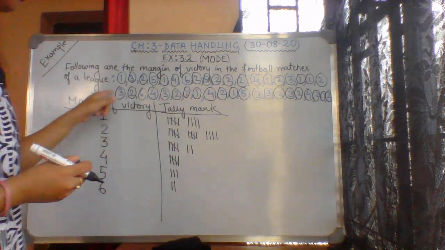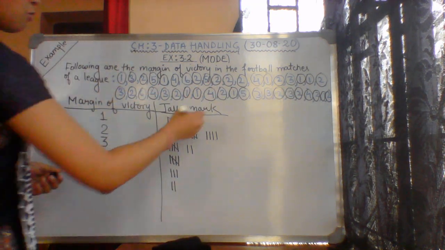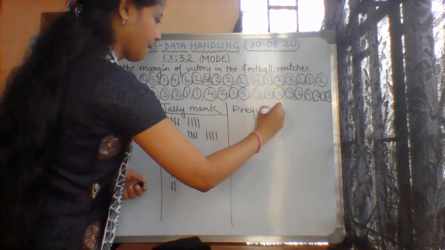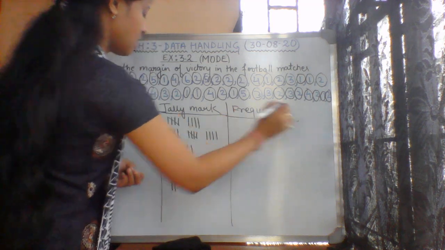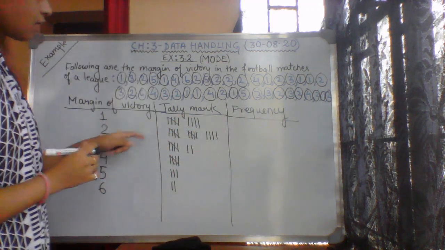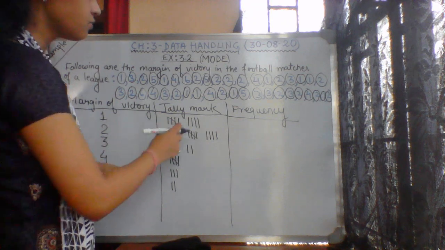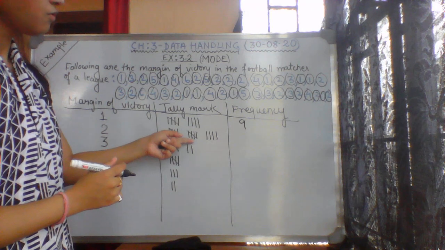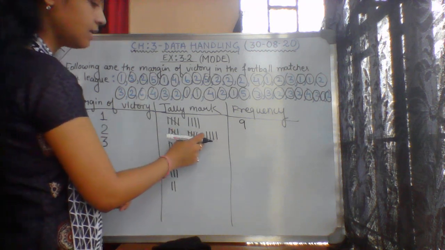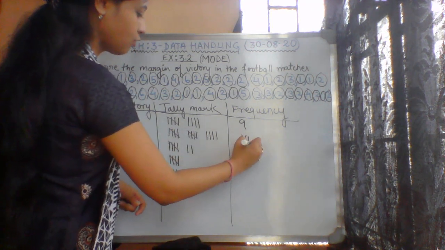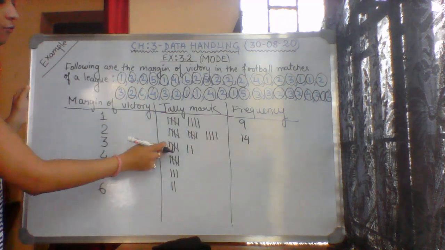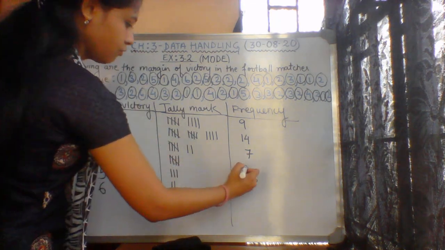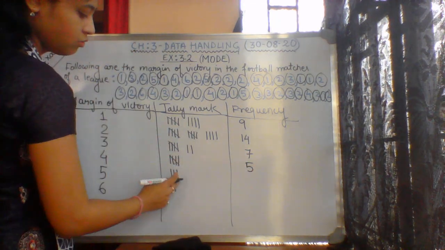So once you check. Okay, so now you write down the frequency. How many times margin of victory 1 is occurring? Okay, so 1, 2, 3, 4, 5. 5 plus 4, 9. 5, 5, 10. 10 plus 4, 14. Okay, now 5 plus 2, 7. 5, 3, 2.